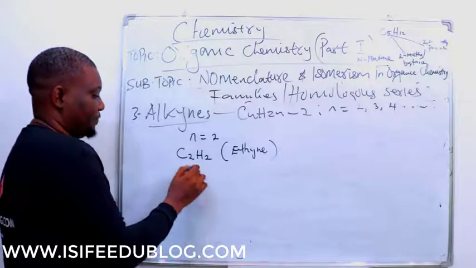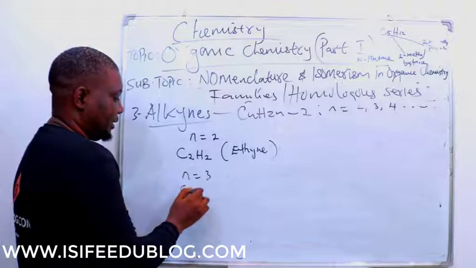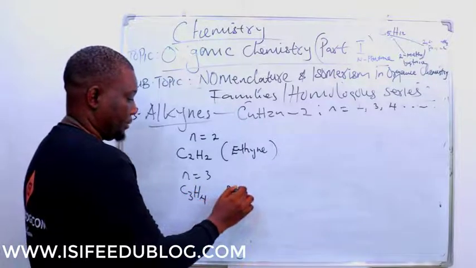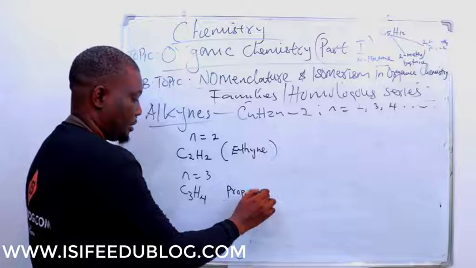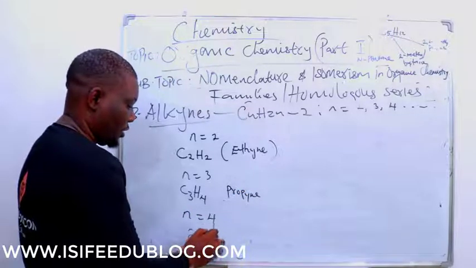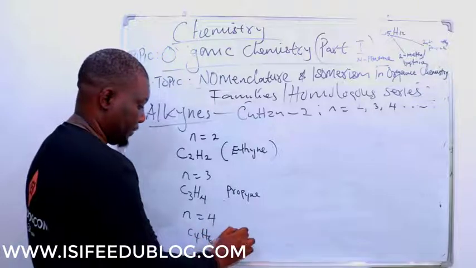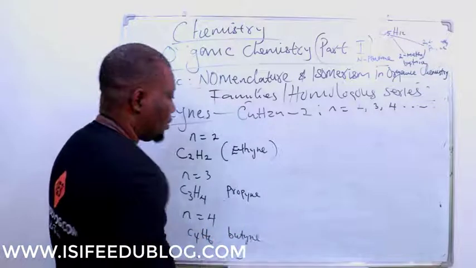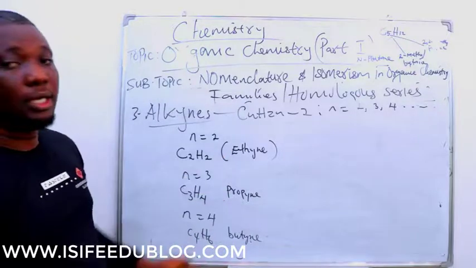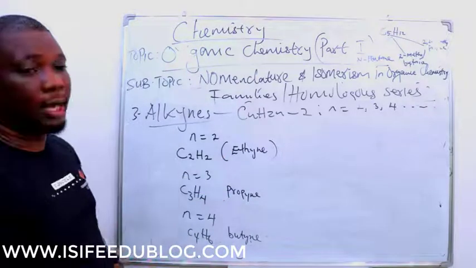But if n is 3, we have C3H4, and this is propyne. And if n is equal to 4, we have C4H6, and this is butyne. So this is the first member, second member, and third member of alkyne.